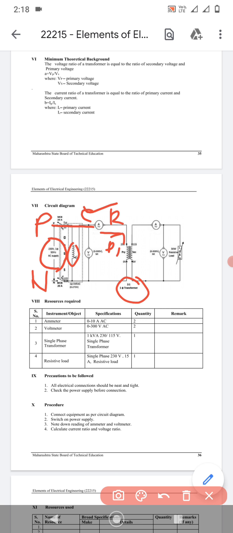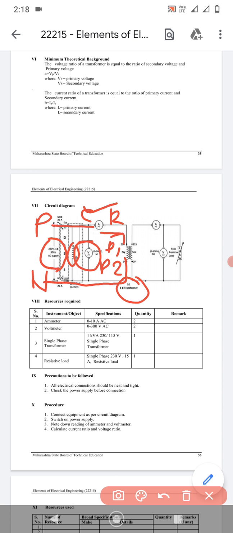Then the second terminal of the primary winding, that is the P2 terminal of the single phase transformer. Then for measuring the primary side voltage, we have to connect this voltmeter in parallel.